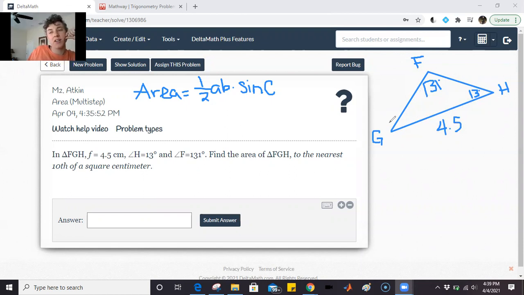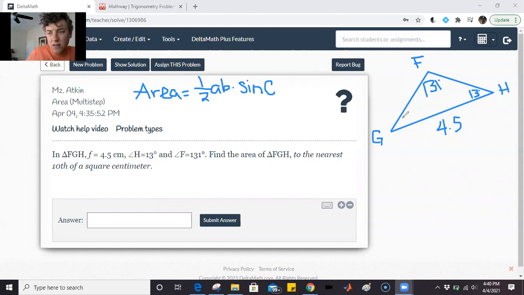We could easily figure out angle G because all the angles in a triangle add up to 180. So let's do 180 minus 131 minus 13 to get angle G. 180 minus 131 minus 13 is equal to 36.